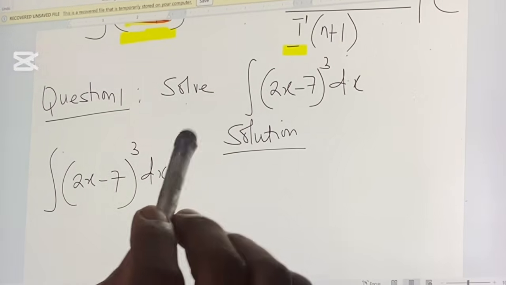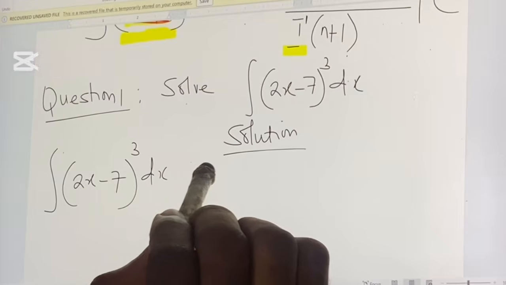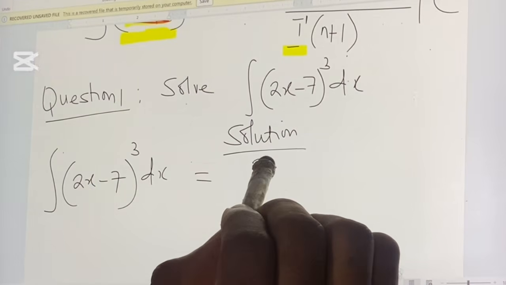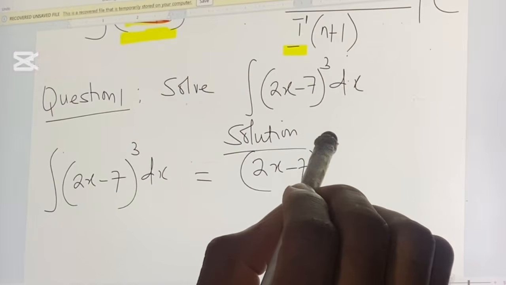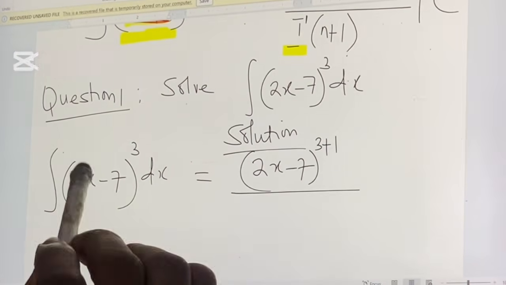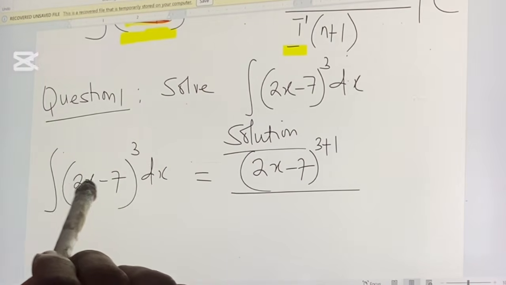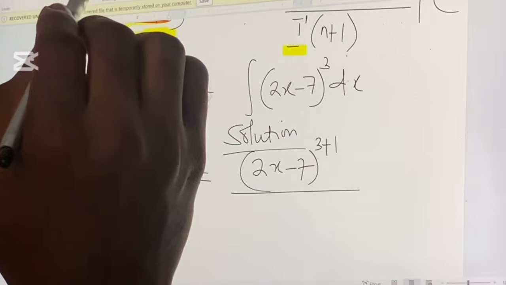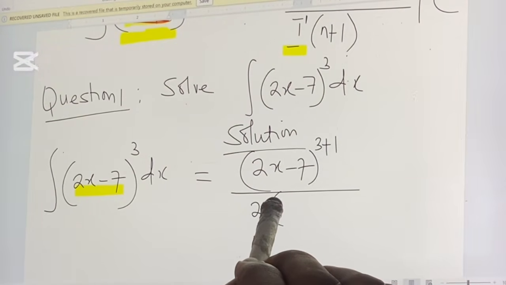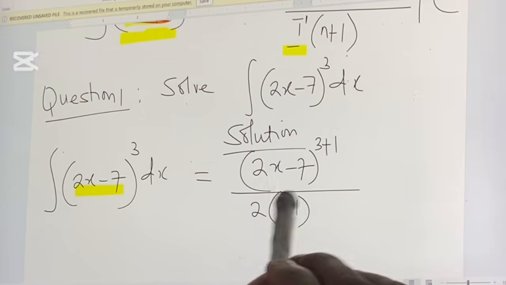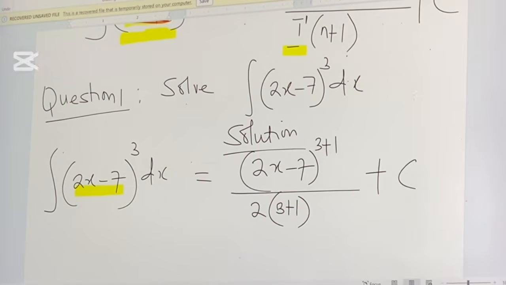So let's apply the format. This will be equal to (2s - 7) raised to the power of 3 + 1 over, differentiate this inner here, 2s - 7, I will have 2 into (3 + 1), plus c.